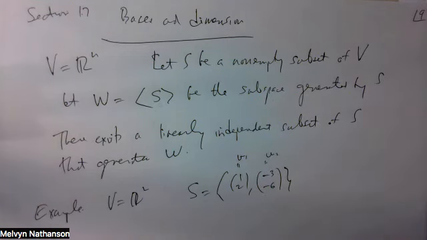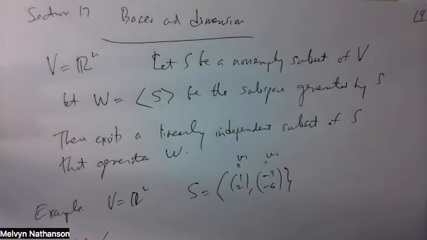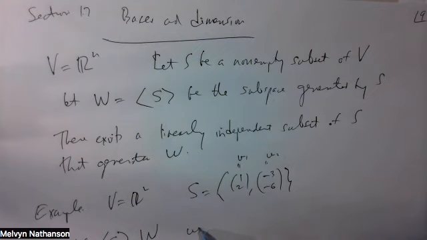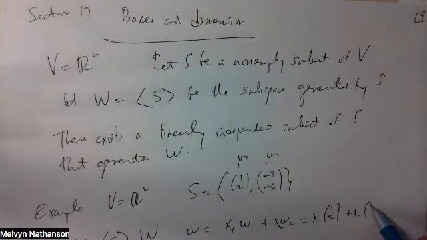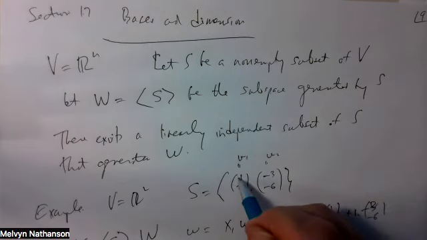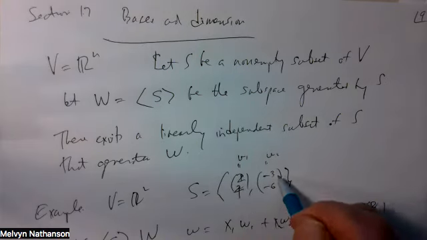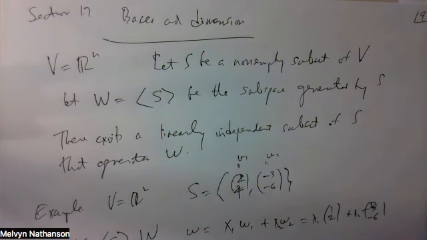So if a vector w is in the subspace generated by S, which I'm calling W, then w is some linear combination of w1 and w2. It's x1 times (1, 2) plus x2 times (-3, -6). Let me just make this one (2, 4). So (2, 4) and (-3, -6).